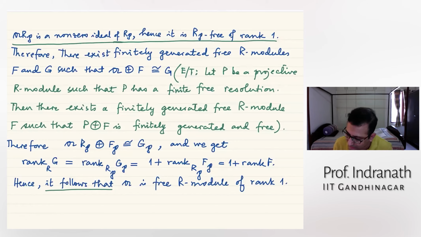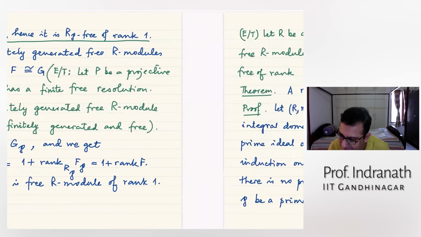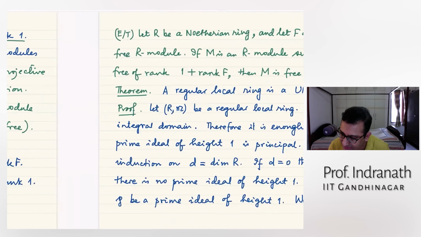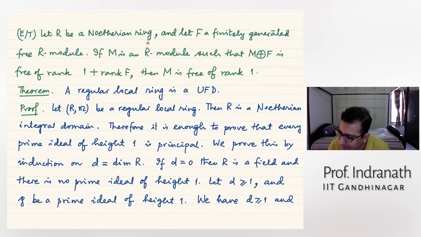Why can you suddenly say that A should be free of rank 1? This is also a standard result: if you have a Noetherian ring and F is a finitely generated free R module, and M is an R module such that M direct sum F is free of rank 1 plus rank F, then M should be free of rank 1.